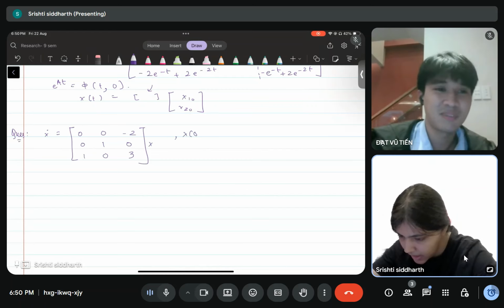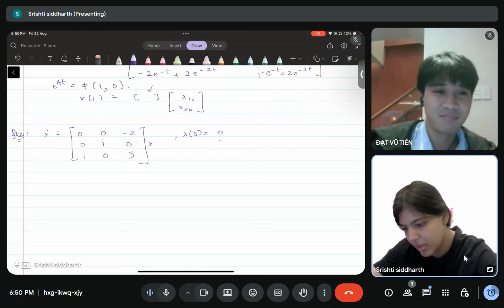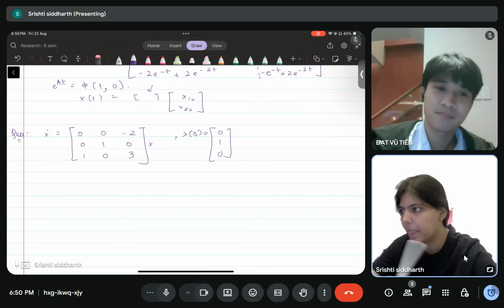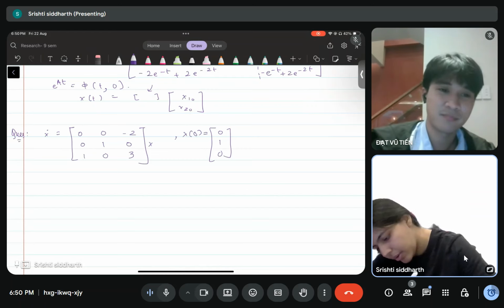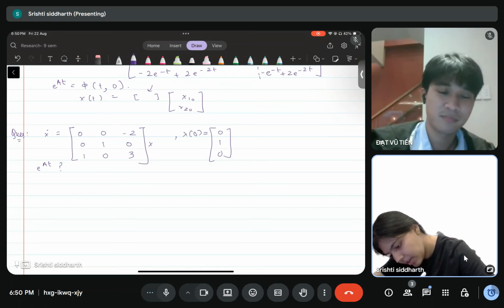And x at time 0 is given to be 0, 1, 0. Okay, so we have to find out what e to the power At is and what is the solution at any given time.